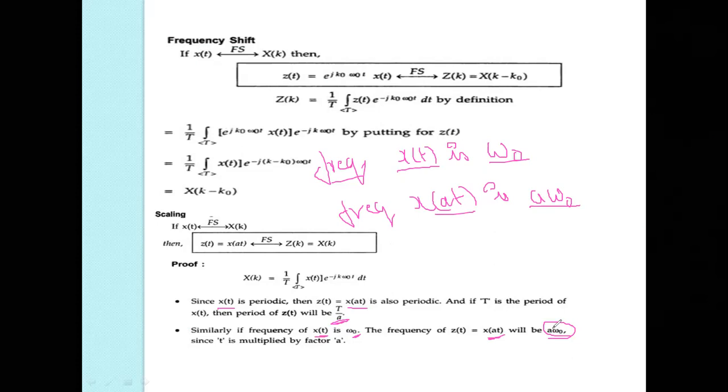So in frequency we multiply by a, and in time we divide by a, the period. Remember. Then we can see how to prove that it is x of k, my dear students. Following the proof.